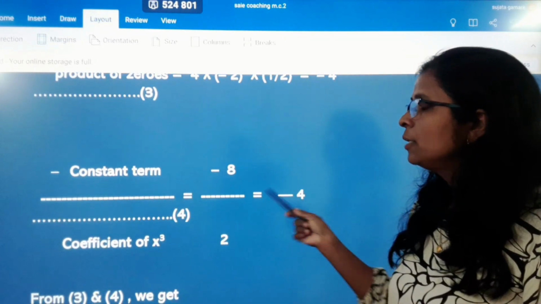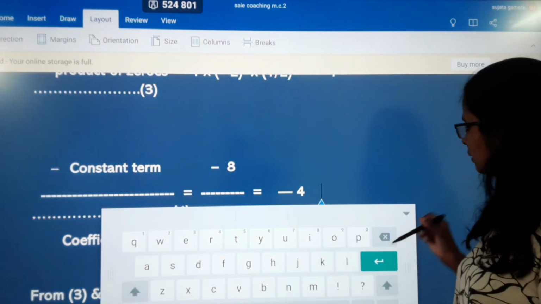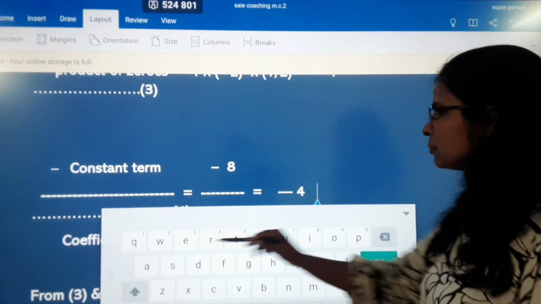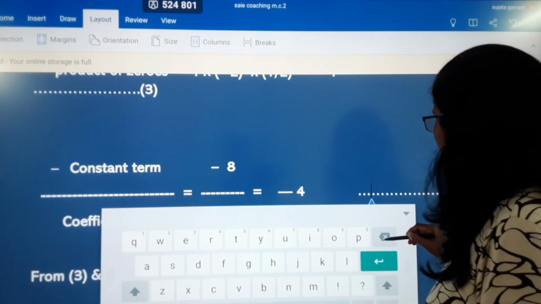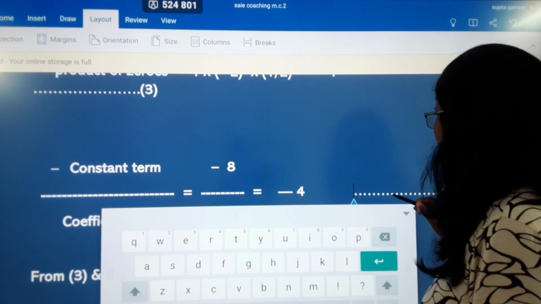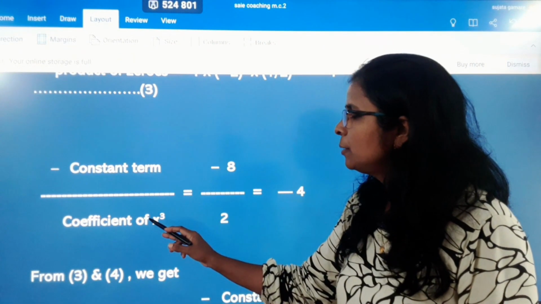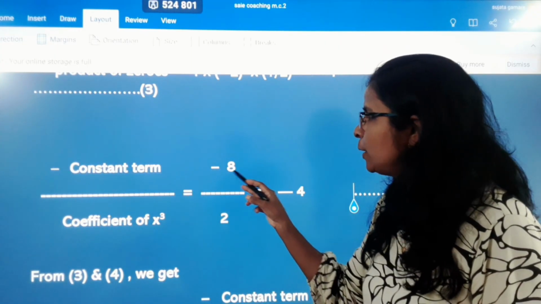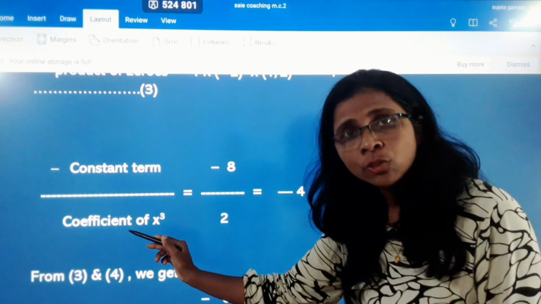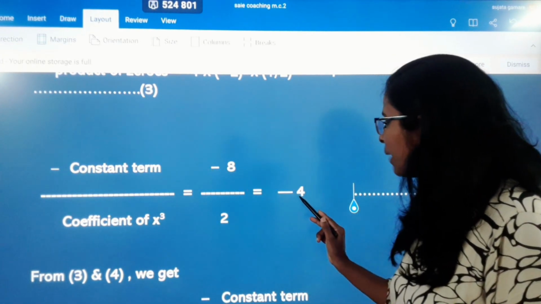Okay. Now here the next one: minus constant term upon coefficient of x cube. The constant term is 8, so minus 8, and the coefficient of x cube is 2. So 2 ones are 2, 2 fours are 8, so minus 4.